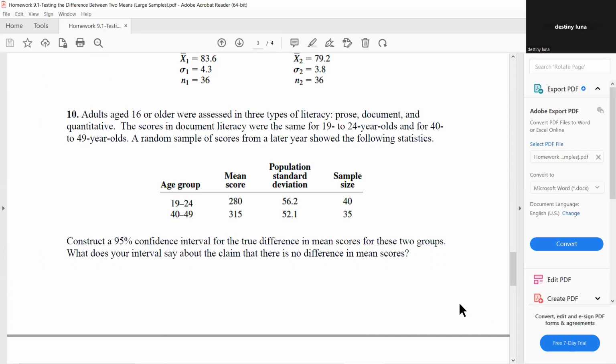Now this depends, I'm gonna have to look at her mechanics because I may end up with a negative number here. Mu1, let's see, X bar 1 is 280. So let me put it down here.